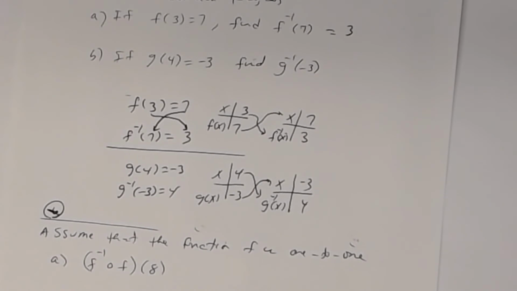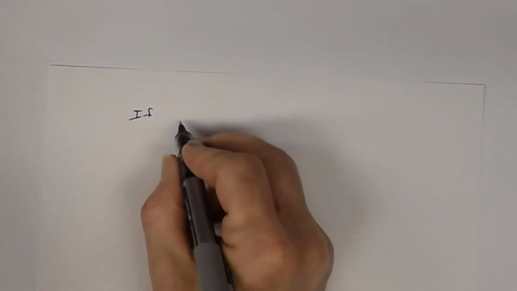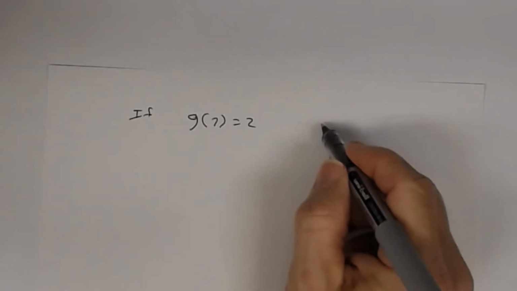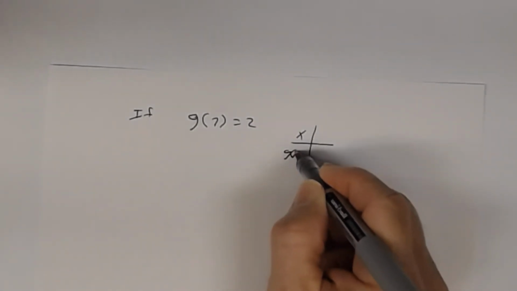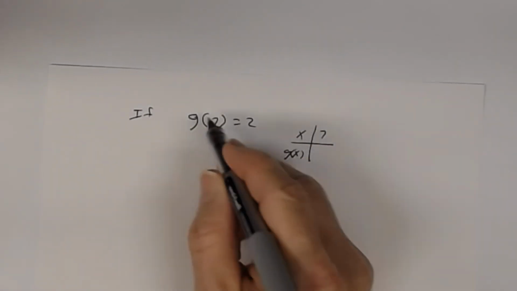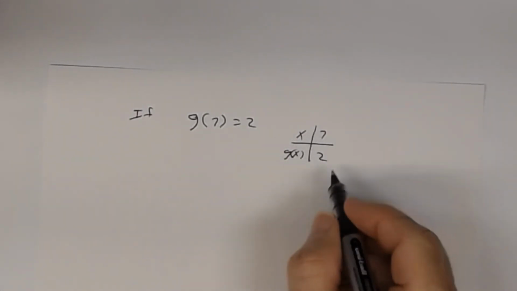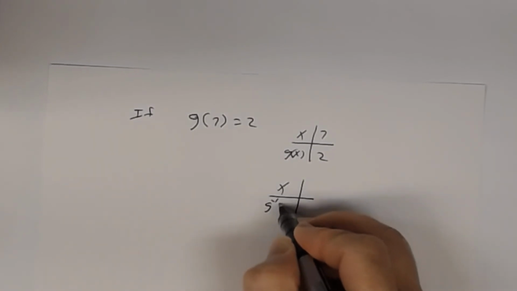So watch. Let's do another one again. Make sure you see this. If g of 7 is 2, let's say, what that means is this. When x is 7, the y value is 2, so g of 7 is 2, right? If I talk about the inverse, remember when you do the inverse, you interchange the coordinates.